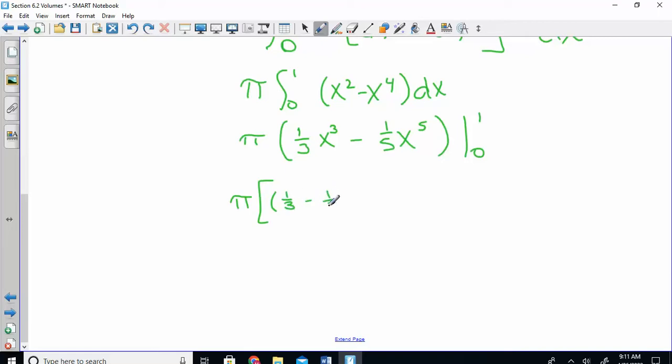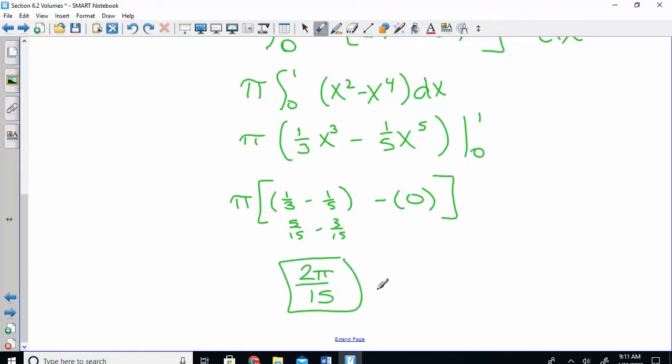If we put in a 1, we get 1/3 minus 1/5. Put in 0 and we get 0. So 1/3, that's like 5 over 15 minus 3 over 15. So we get 2 pi over 15.